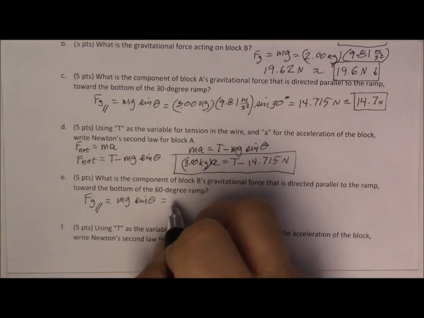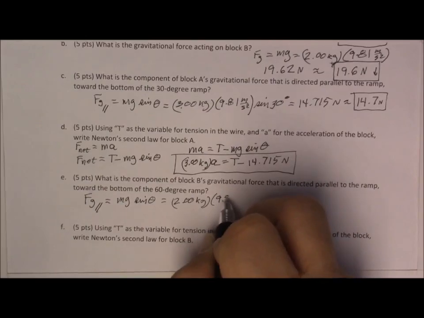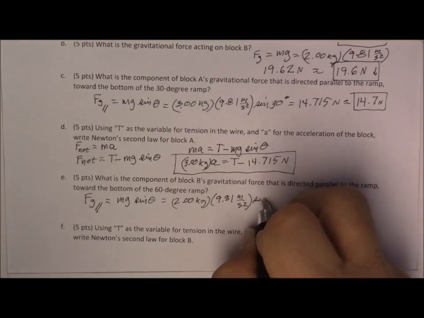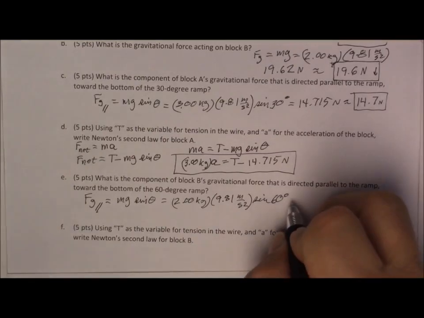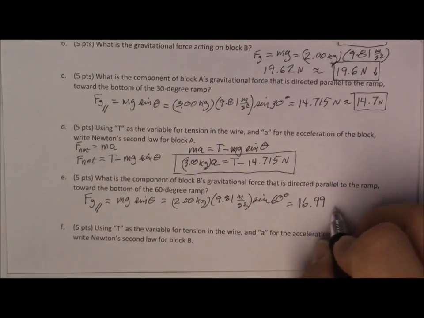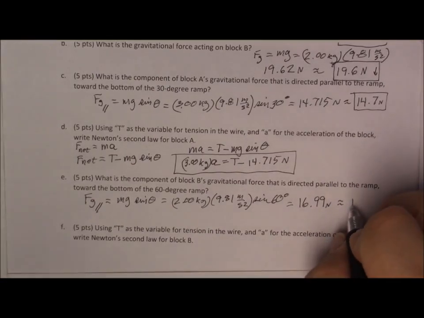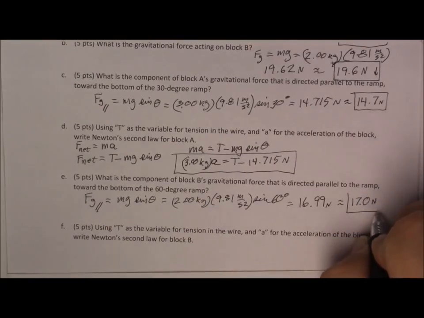We'll plug in some numbers. 2.00 kilograms times g, which is 9.81 meters per second squared, times the sine of 60 degrees. And if I multiply all that out, I get approximately 16.99, and there are some other digits there that are small, 16.99 newtons, which I will round off to 17.0 newtons for the sake of 3 significant figures.